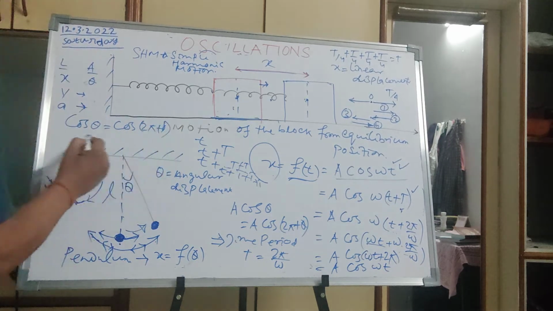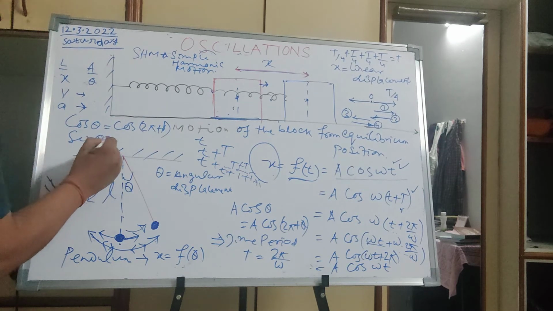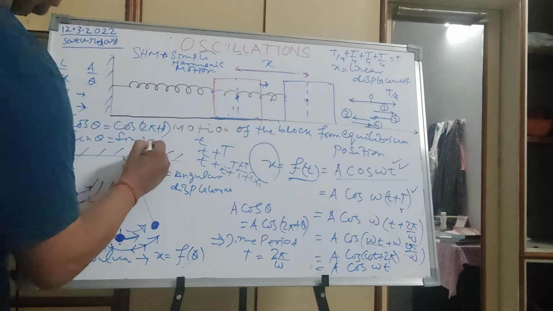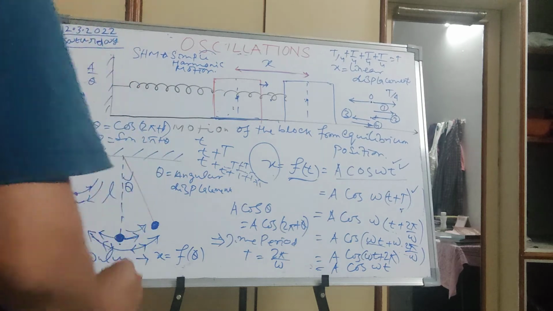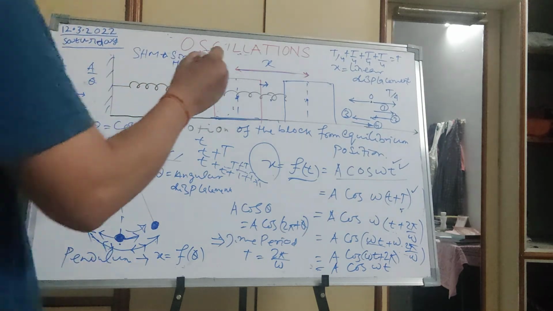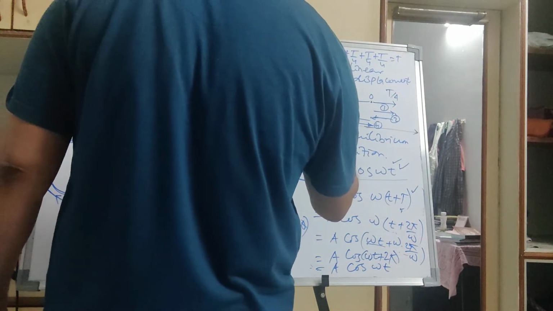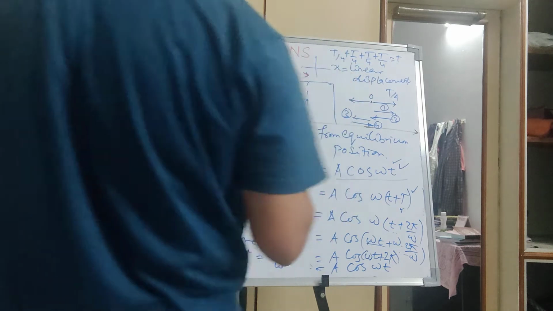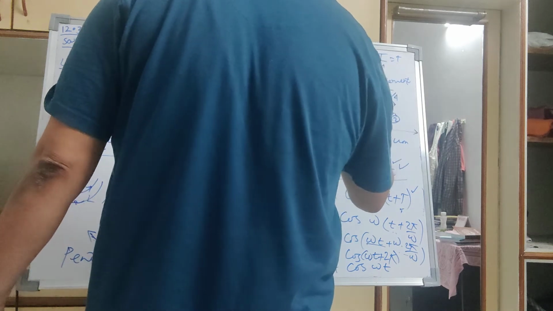Even sin theta is also equal to sin of 2 pi plus theta, because what is happening? It will complete. Let us say this is your different quadrant, and this is your angle theta.